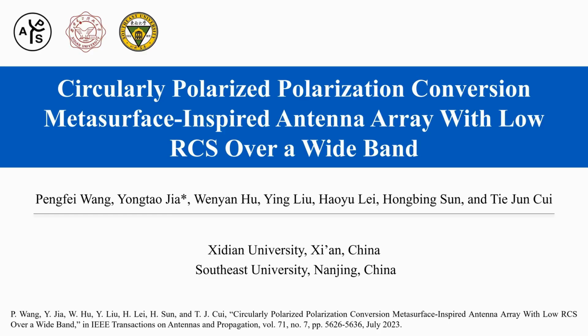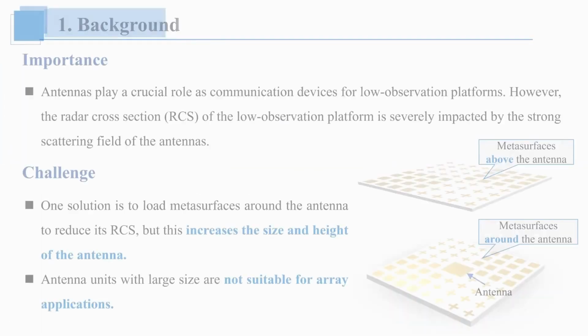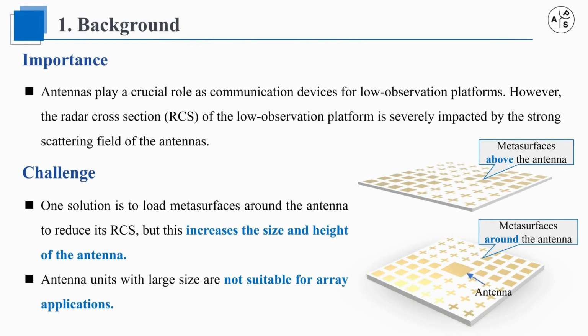In this video, we briefly introduced the circularly polarized polarization conversion Metasurface-Inspired antenna array with low RCS over a wide band. The relevant work can be found in IEEE transactions on antennas and propagation. Antennas play a crucial role as communication devices for low observation platforms.